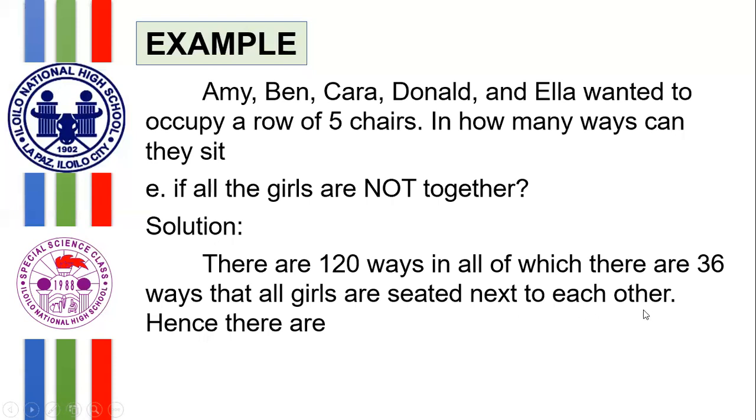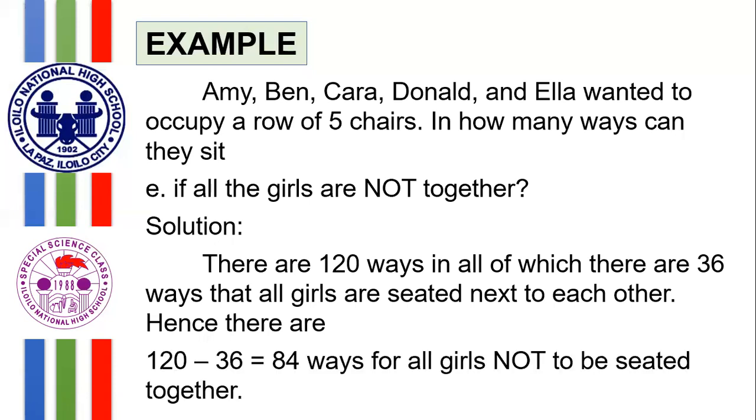Hence, by the complement rule, we have to subtract them. Hence, we have 120 minus 36, or 84 ways for all girls not to be seated together. If you answered 84, congratulations, you got it right.